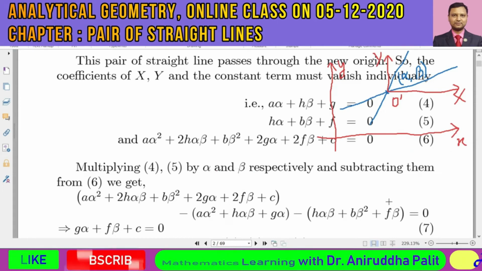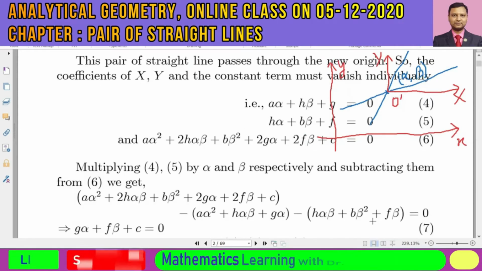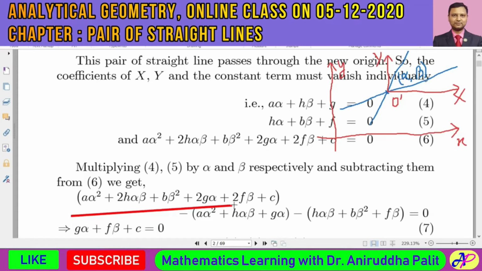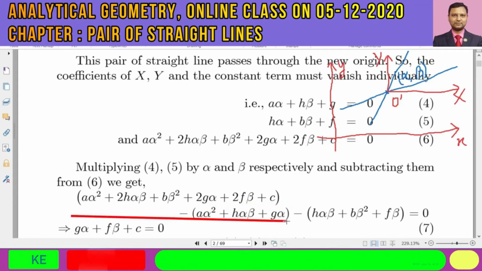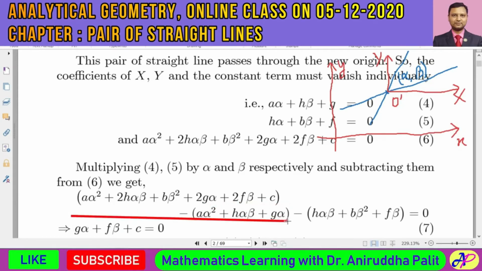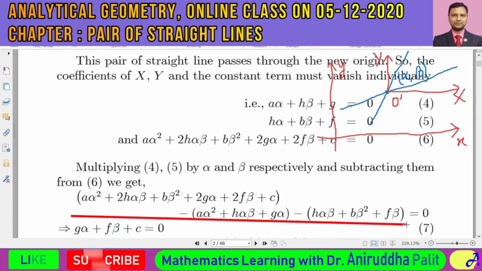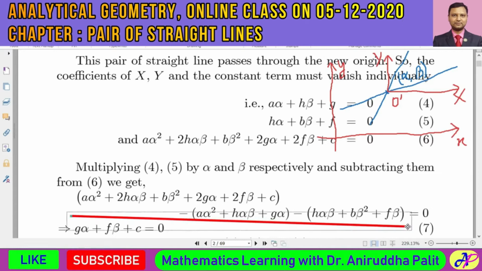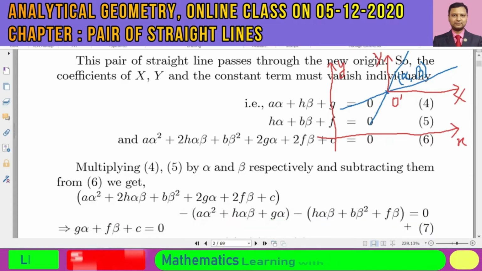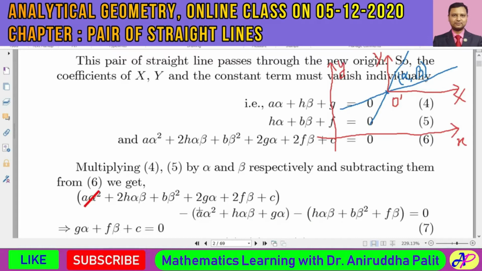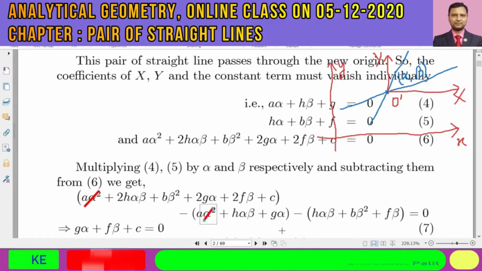So what do we observe? We get this kind of result. This is equation number 6, and this part is alpha times equation number 4, and the remaining part is beta times equation number 5. So we got this result, and you would observe that this A alpha square would get cancelled.